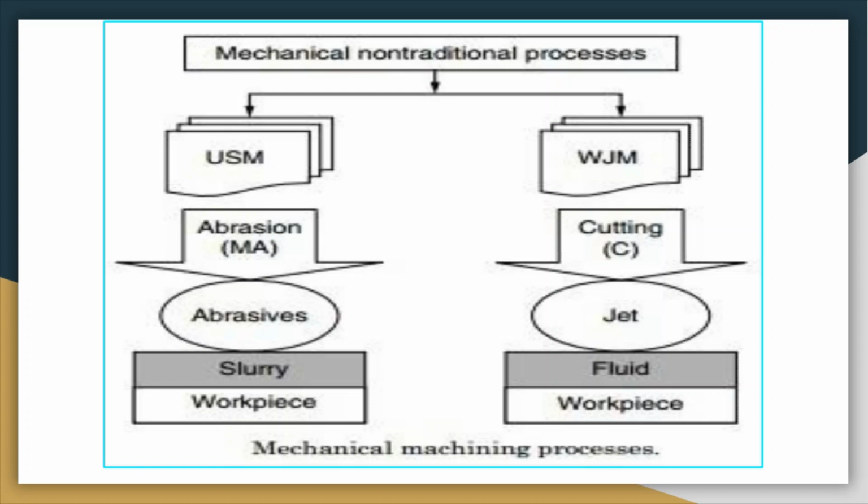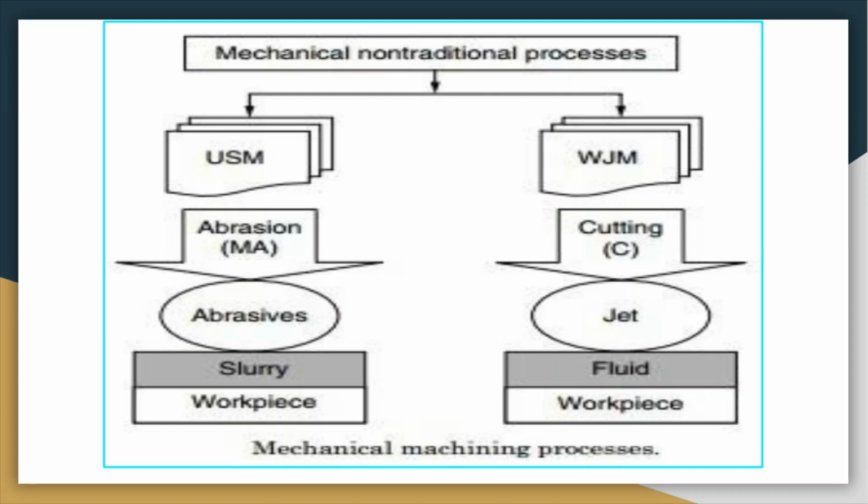Also, magnetic abrasive finishing is another process in which a magnetic abrasive brush is utilized to reduce the surface irregularities from the pre-machined surfaces. A new machining process called abrasive flow machining has been developed recently.